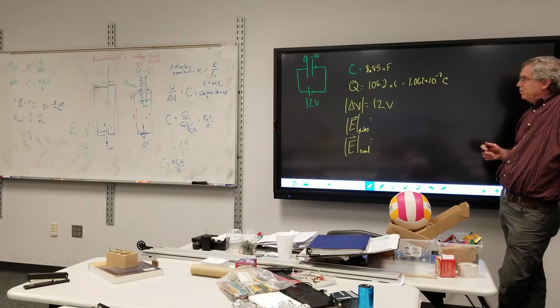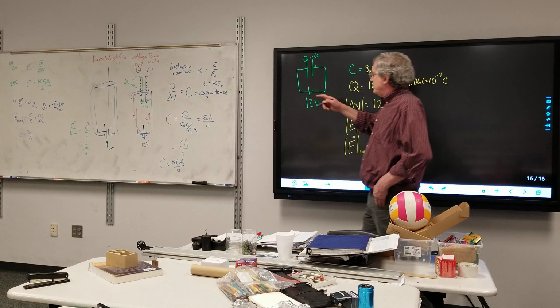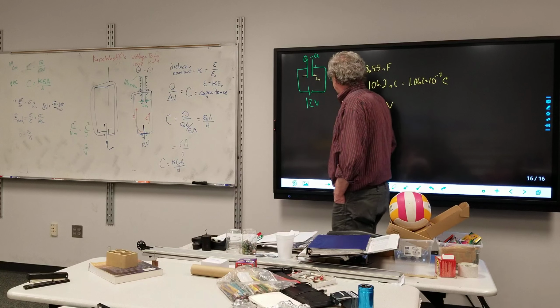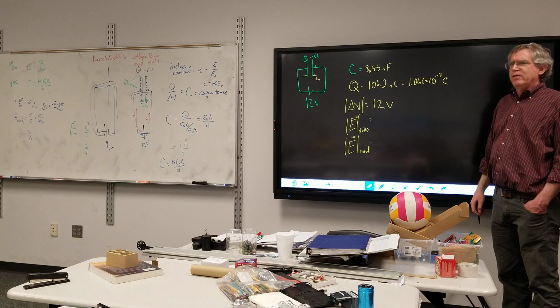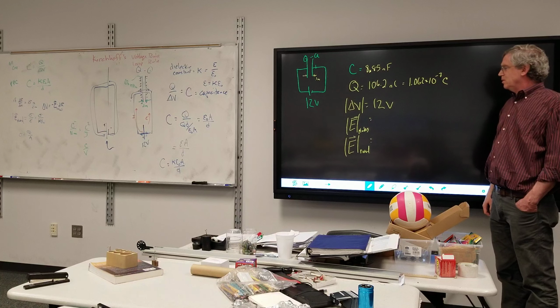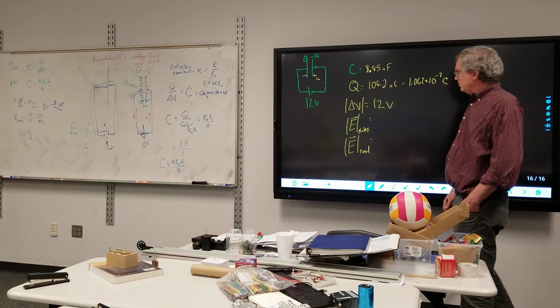I guess we could do, oh, we did not give a distance over there. 0.1 meters. If you use the E equals V over d equation, we're working with the total electric field.